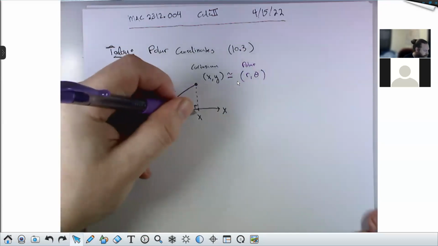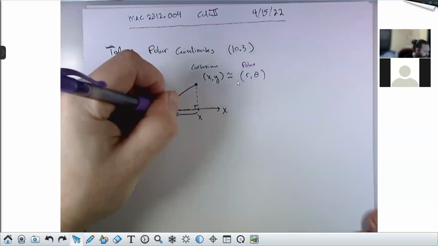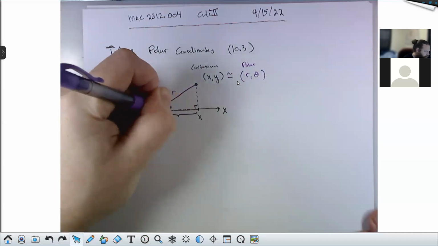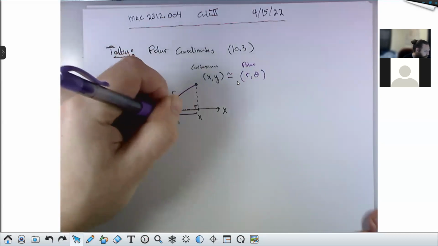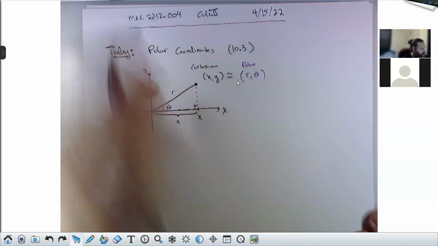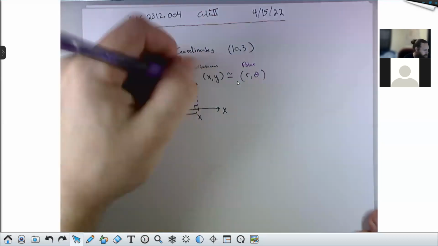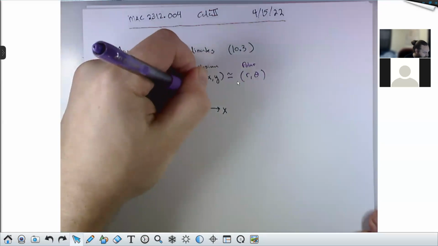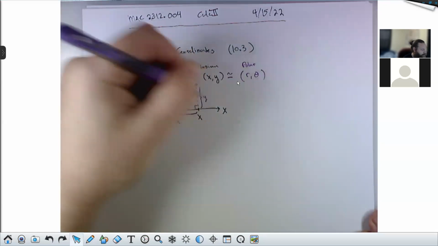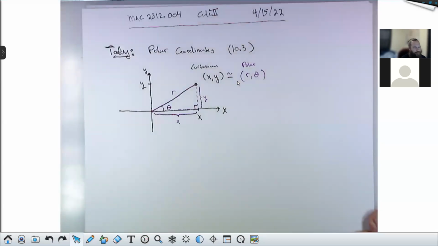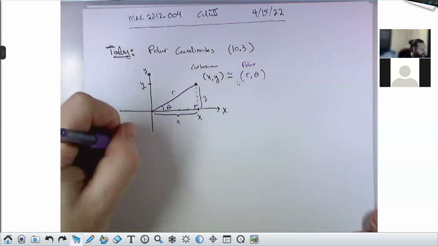The big idea, going back and forth, is that this side length here is x, because you go over by x. And this side length here is y, because you go up y. And then you can use some basic trigonometry.